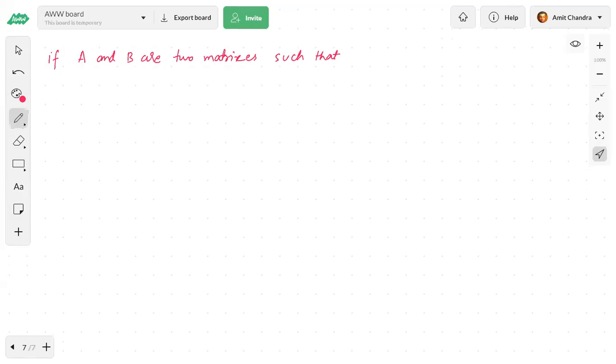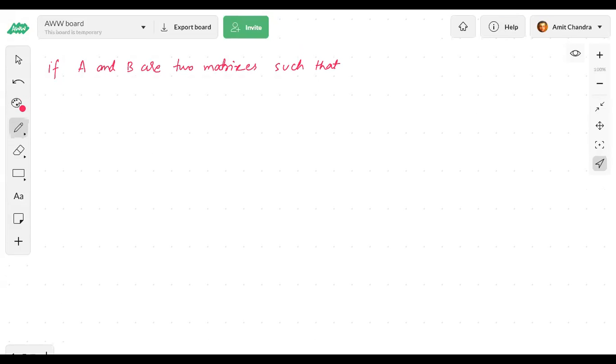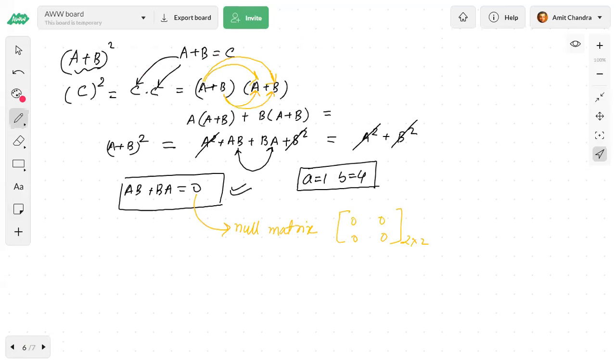Sir, can we directly prove? We can directly prove, right? No, that is what I was telling, that A square plus B square, here A square plus B square is not equal to A square plus B square plus 2AB, because these are matrices. This is not equal to plus 2AB, because AB and BA might or might not be same.